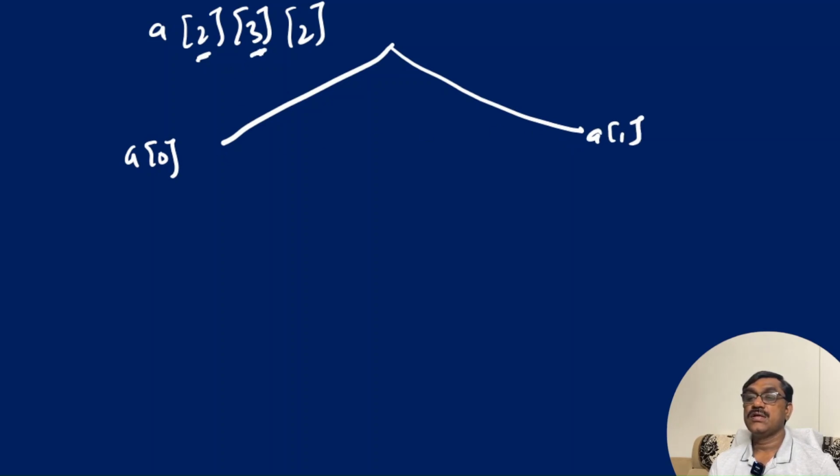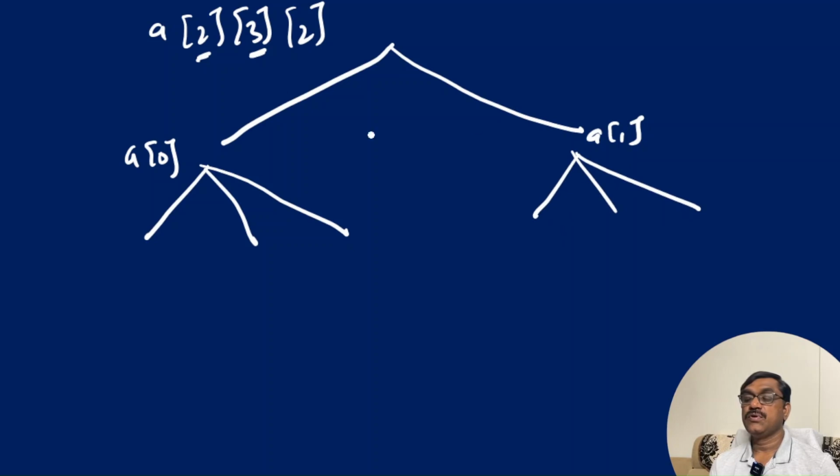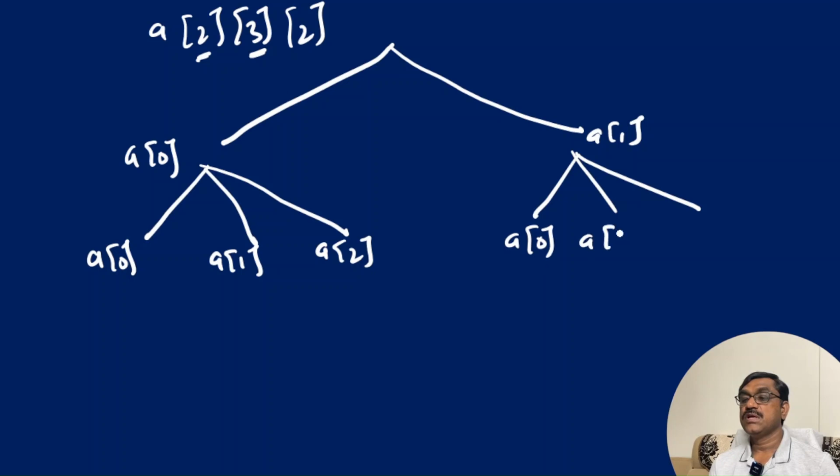Okay, now take each sub block into 3 parts. Okay, 3 parts. Here also you take into 3 parts, right? This first part we write A of 0, and this is A of 1, and this is A of 2. This is A of 0, this is A of 1, and this is A of 2.